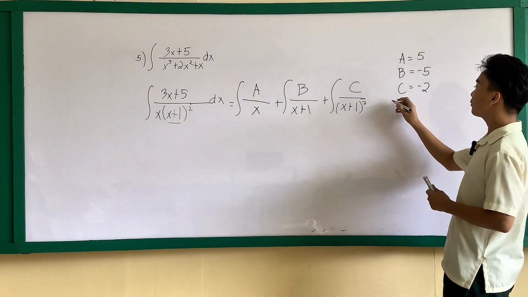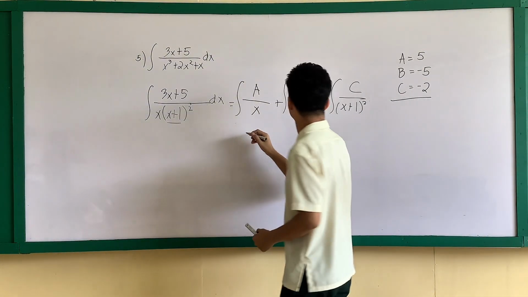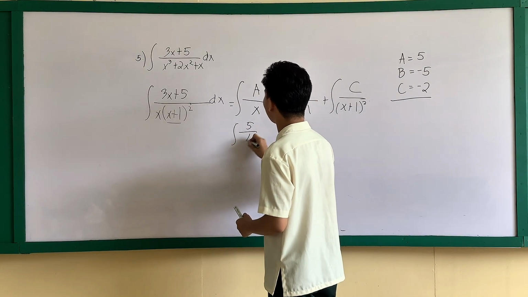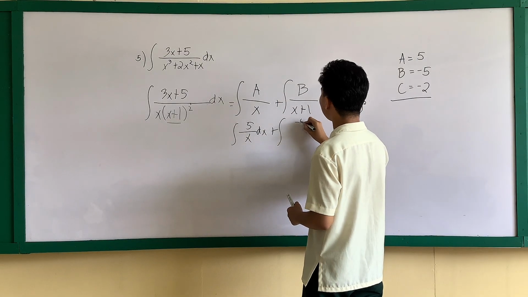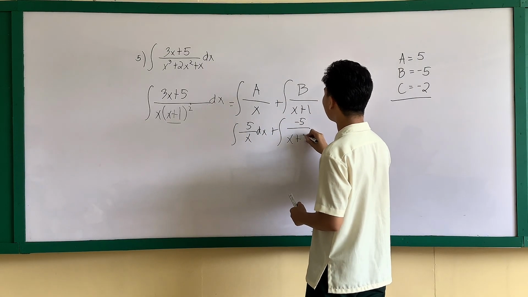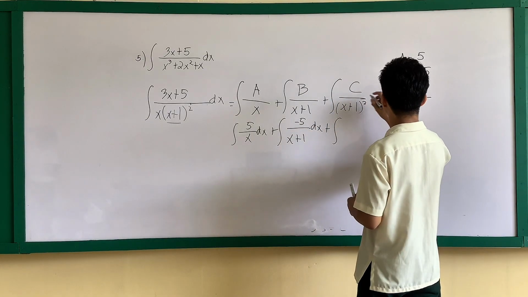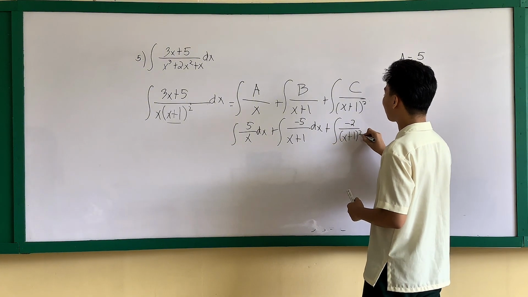Since we already found the values of these three, pwede natin siya i-substitute dito isa-isa. So, a is equal to 5 over x dx plus b is negative 5 over x plus 1 dx plus the integral of c is negative 2 over x plus 1 squared.